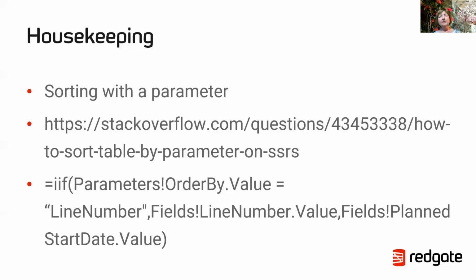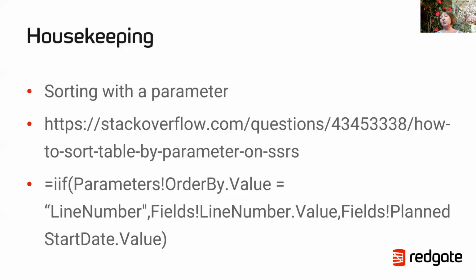And the parameter is going to have line number and plan start date as the choices. So what you do is you have this if statement. So if the parameter is line number, then sort by fields line number value. Otherwise, sort by fields plan start date value.